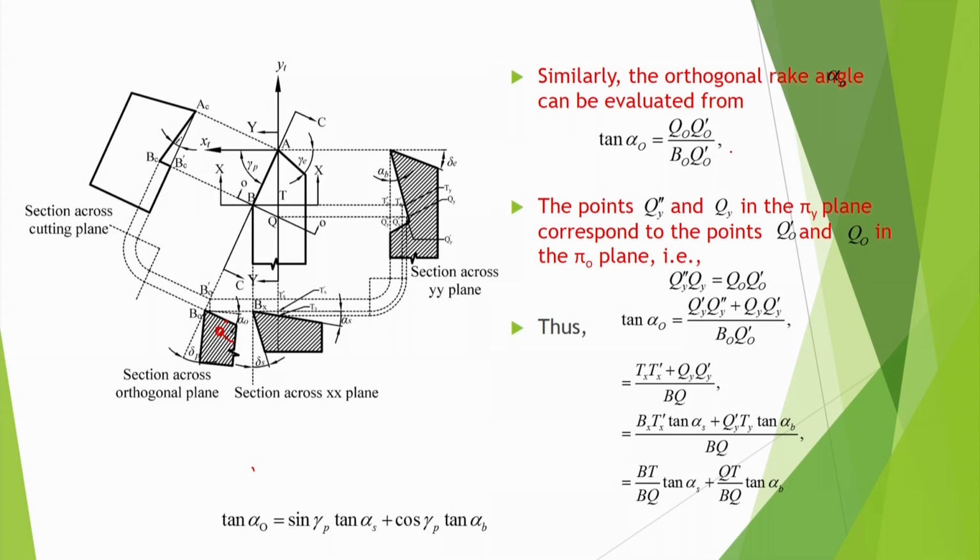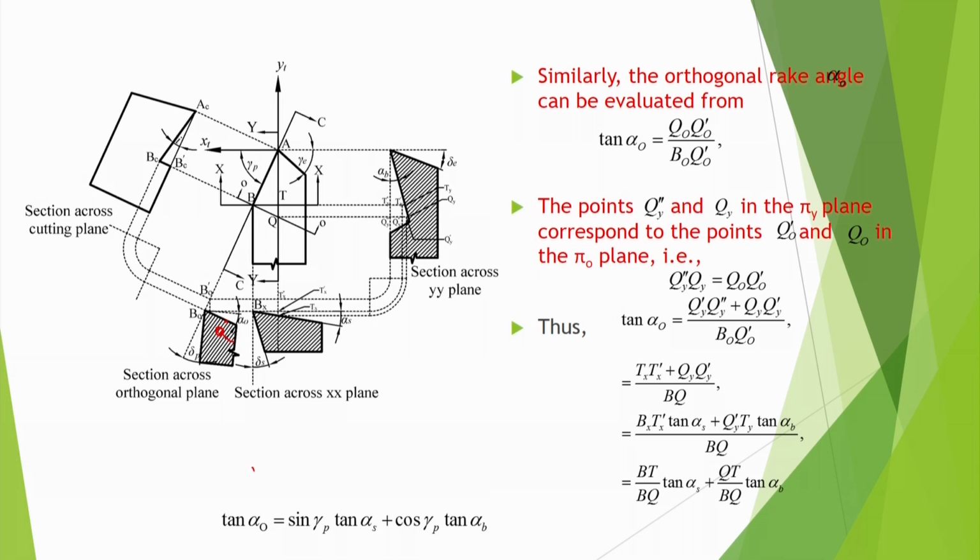Then the points QY double prime and QY in the pi y plane correspond to the points Q0 prime and Q0 in the orthogonal plane. So if we see that QY in this one is corresponding to the Q0 point there, and this will be explained here.